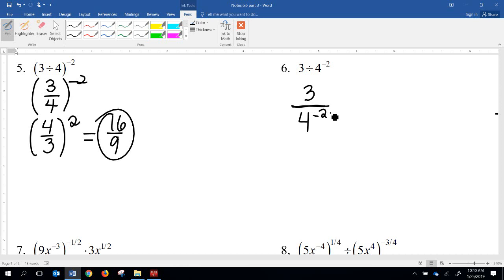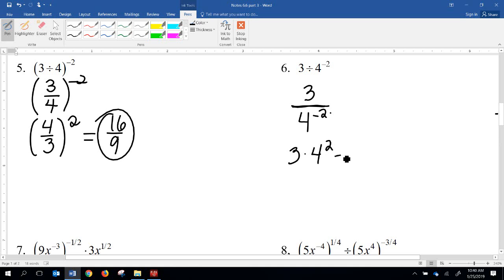But it doesn't matter because it's going to end up in the same thing. Alright, so what did you guys get? What do we do to make this a positive exponent, guys? Where is it going to go? It's going to go to the top, right, to make it positive 2.